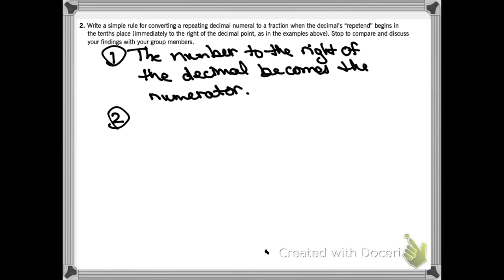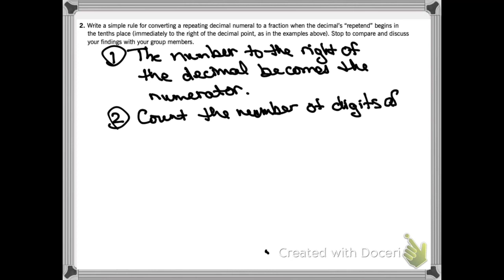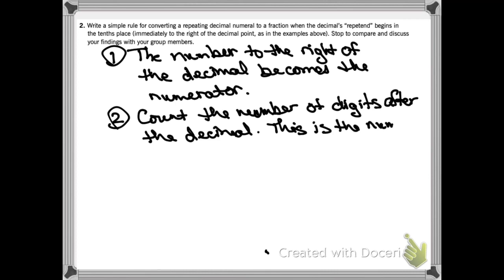Count the number of digits after the decimal. This is the number of 9s in the denominator. Step 3, simplify if possible.